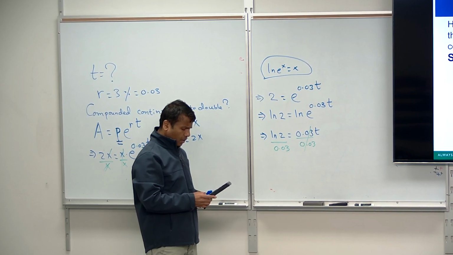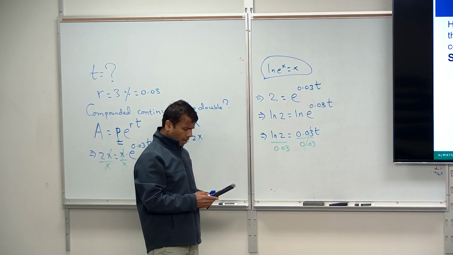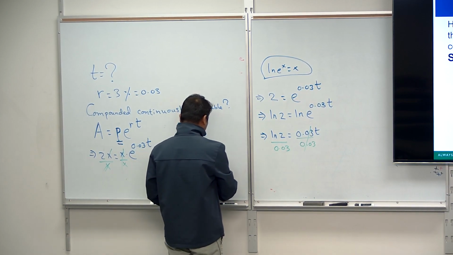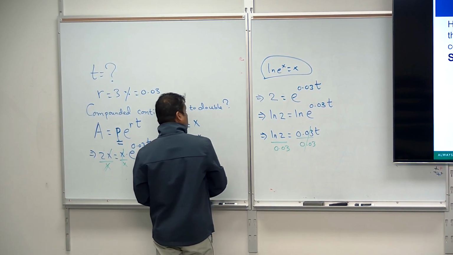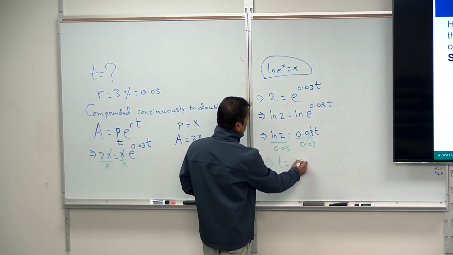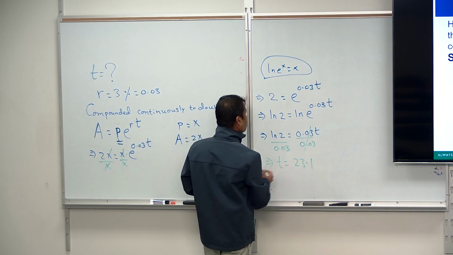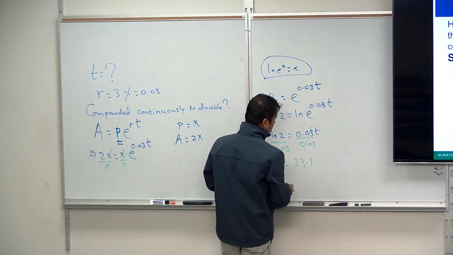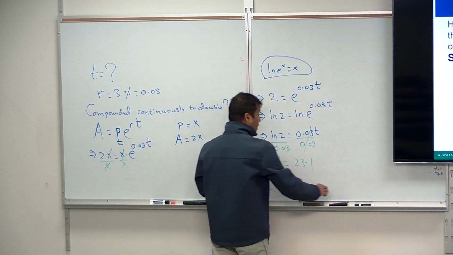So ln 2 divided by 0.03. So that's going to be 23.10. We have T equal to 23.1. So after 23.1 years, your money will be doubled.